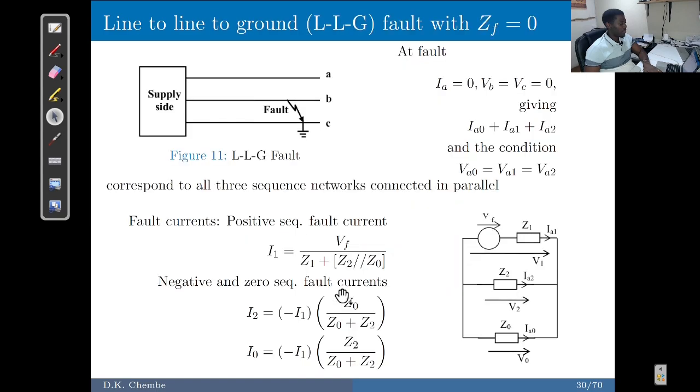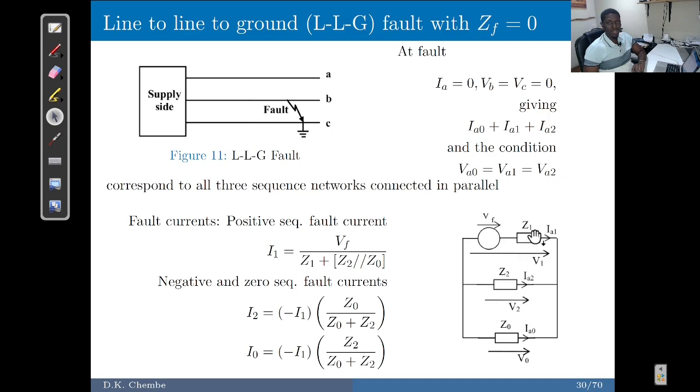And if you come to the line to line to ground fault, you have the positive sequence connected in parallel with the negative sequence, and also in parallel with the zero sequence. So these are parallel, and when you add these, then this becomes in series.